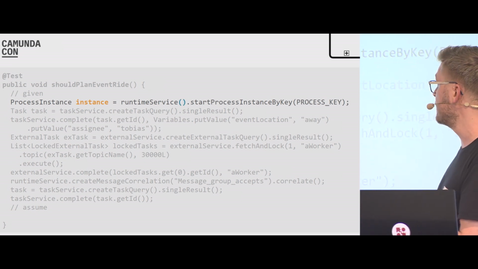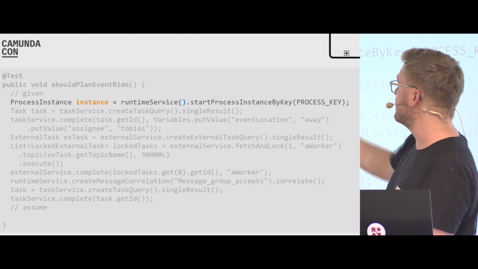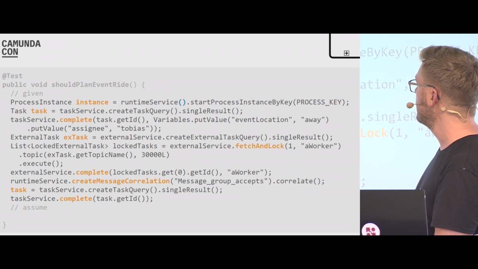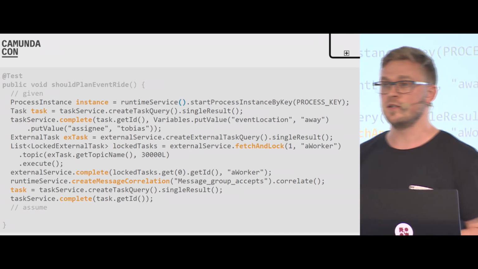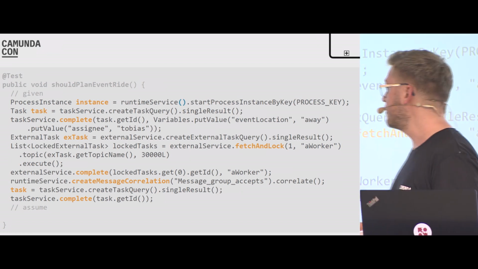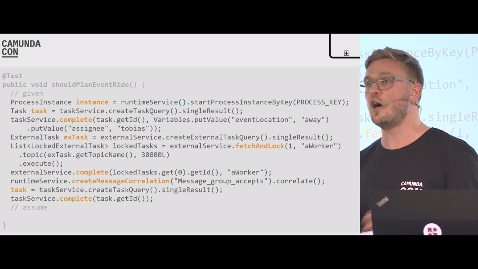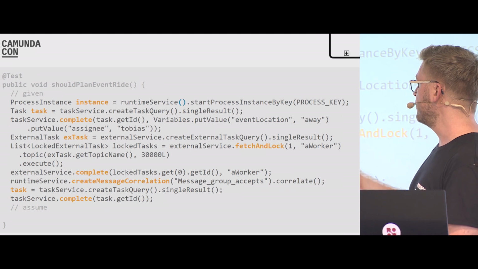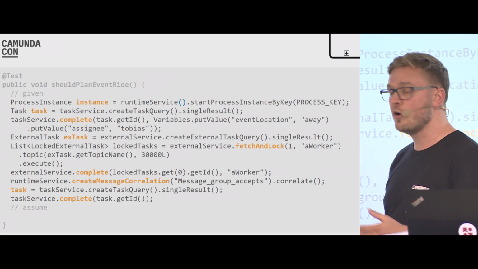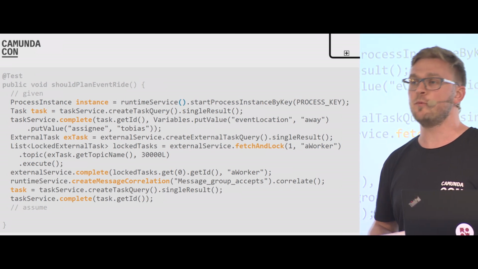So what you would have to do in this case, after you access the statically available method, you would have to do all of this stuff. So you would have to complete the user task that is the first activity. Then you have to get past the external task. So you have to use all of those lovely manual code for external tasks again. Then you have to use message correlation in order to get past the event-based gateway, for example.